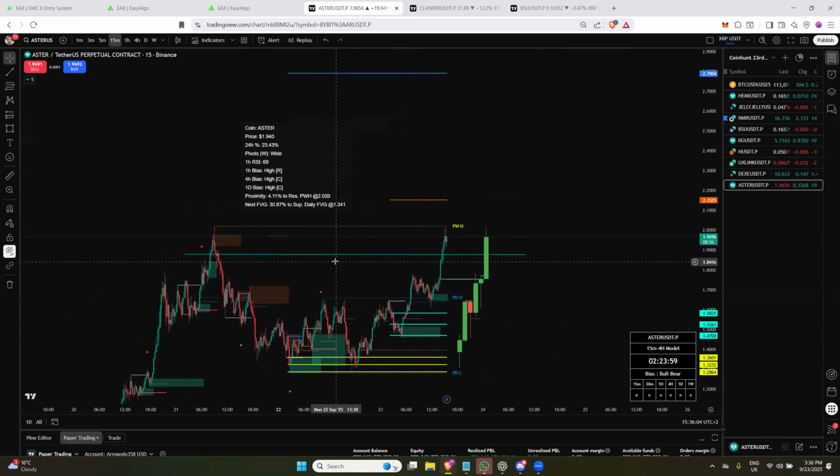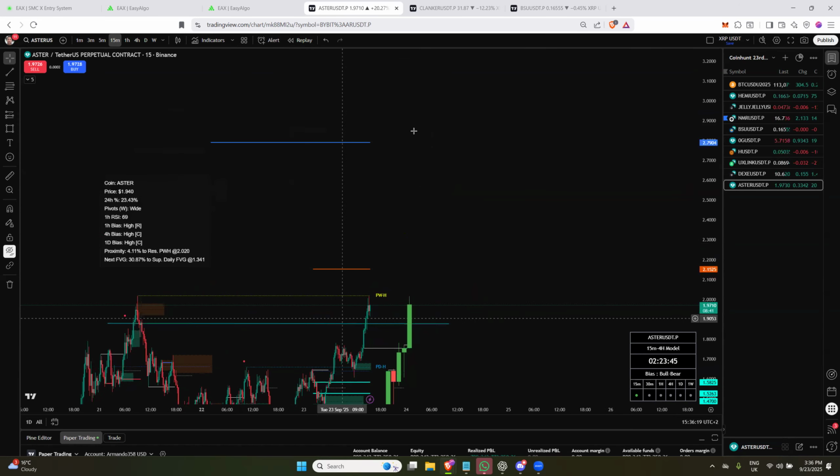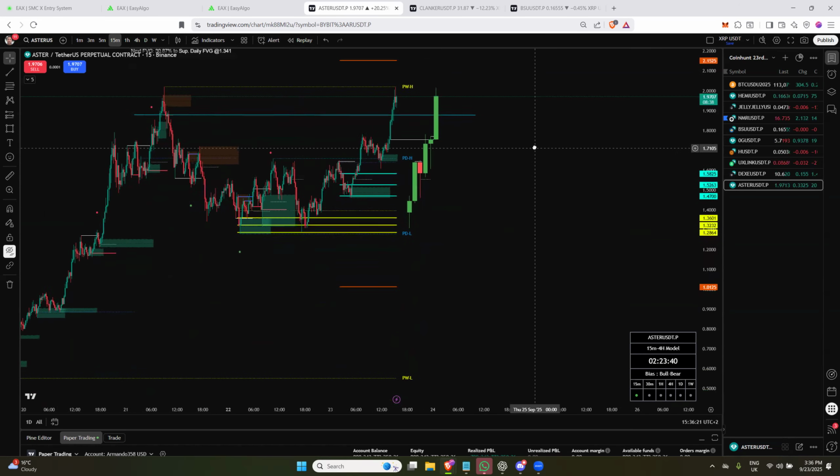Okay, so previous week high, of course, as you can see, fair value gap, this would be below. Continuation on the daily, it's high for our bias, RSI 69. So I think there would be another steal somewhere up here.